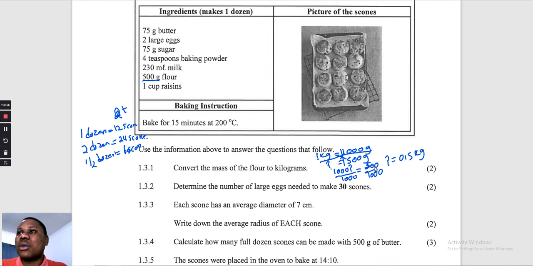Now our scones are broken into 12, 12, and 6. So this is a dozen, this is a dozen, and this is half a dozen. Here we're going to need 2 eggs, here we're going to need 2 eggs. But how many eggs will we need to make half a dozen? For half a dozen, we're going to need 1 egg, meaning that the total number of eggs needed to make 30 scones is going to be 5 eggs.